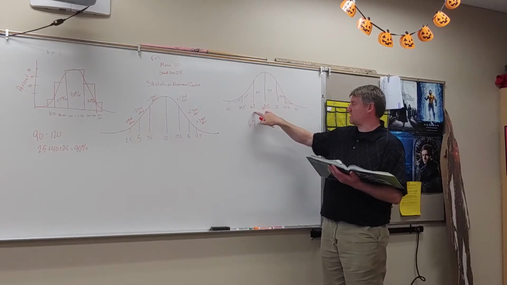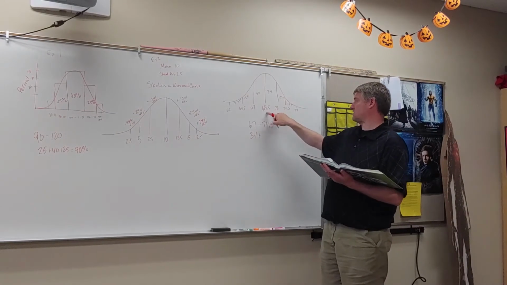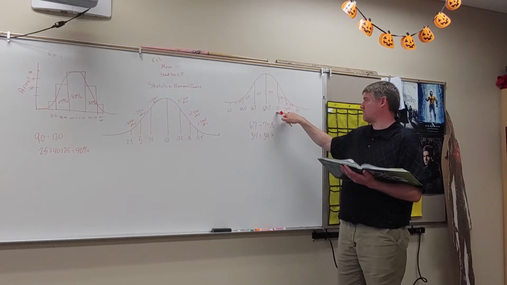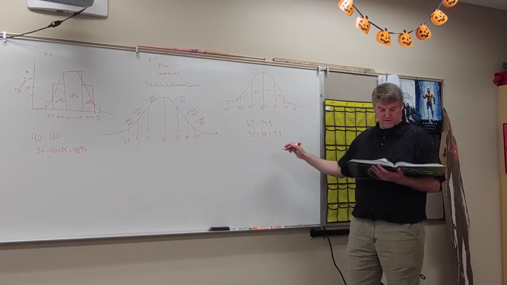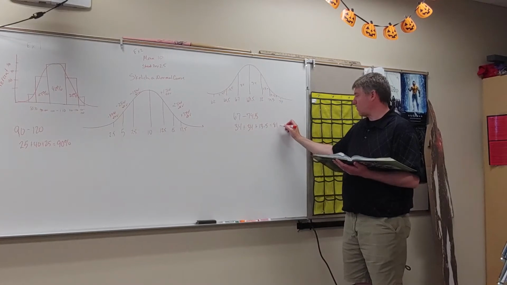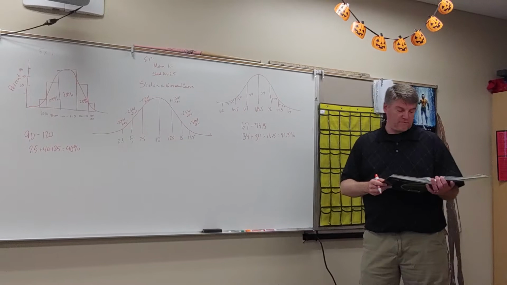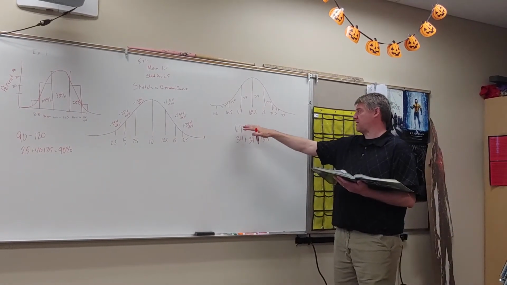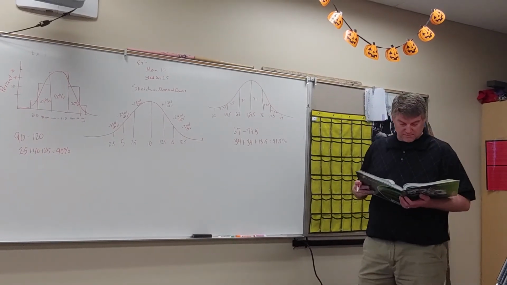From 67 to 69.5, that's 34, plus 69.5 to 72, 34, plus 72 to 74.5 is 13.5. I add these all together and I get 81.5%. So 81.5% of the male population is going to be between 67 inches and 74.5 inches.